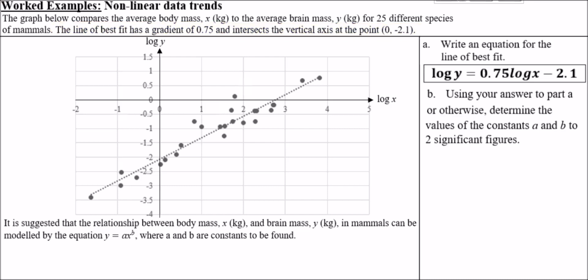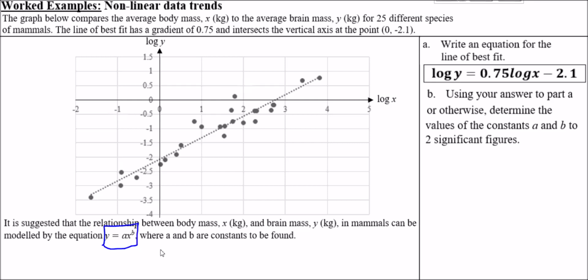Part B, using what we just got before, we can now use this answer to determine values of a and b to 2 sig figs. So if we remind ourselves, it says here it's modelled as a y equals ax to the b type of relationship. So again, let's take logs of both sides.